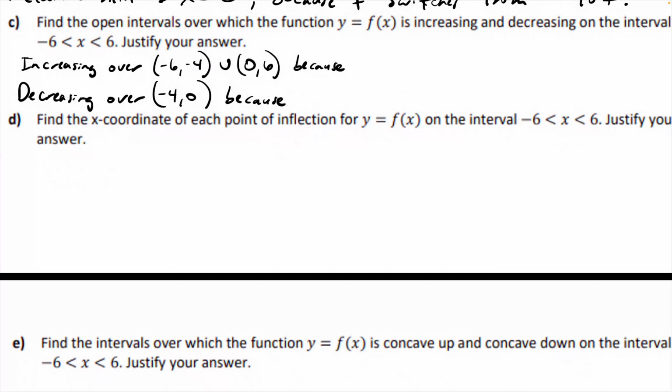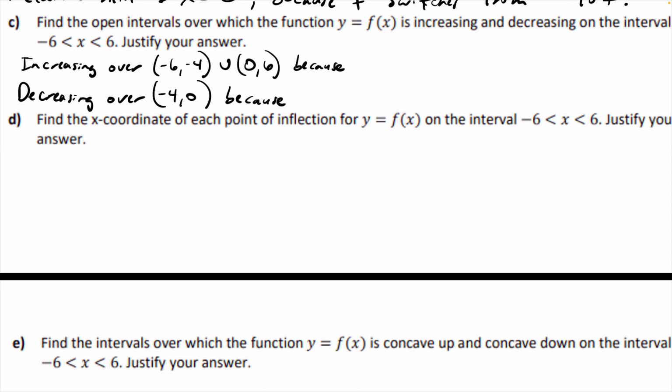So if you give me the correct justification but the answer is wrong, you'll get half credit, or vice versa. I have some students that give me the answer but forget the justification, or they get the justification wrong. Then I can only give you half credit. So the justifications are very, very important for these.